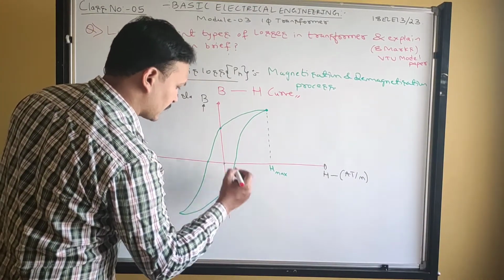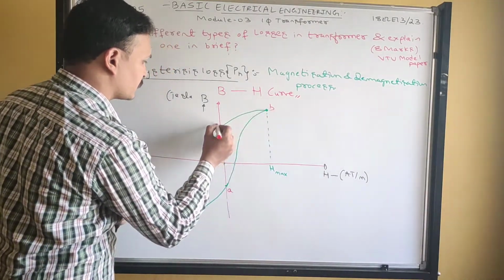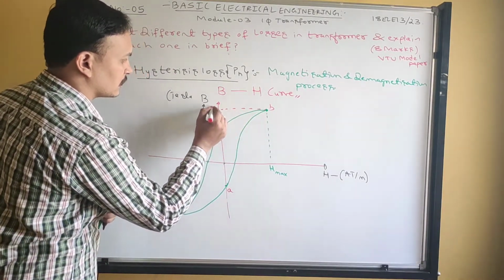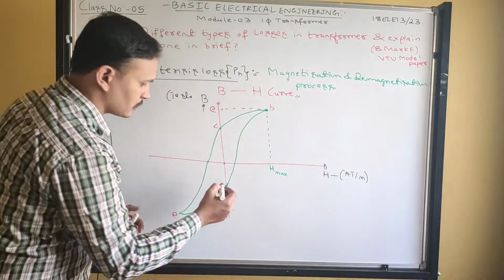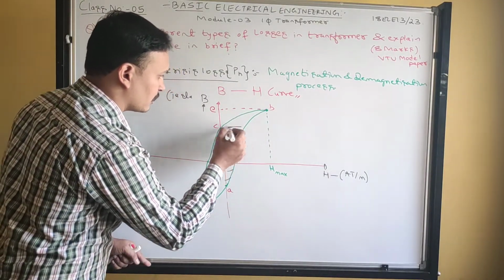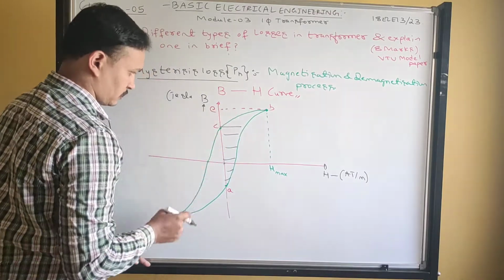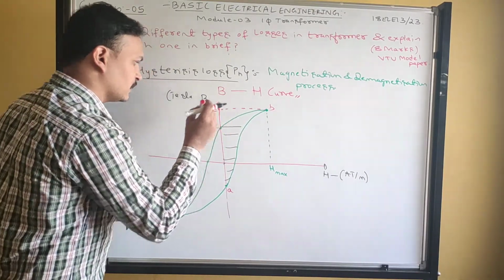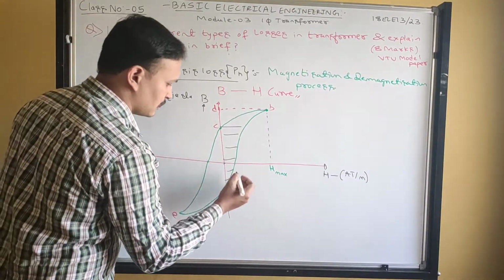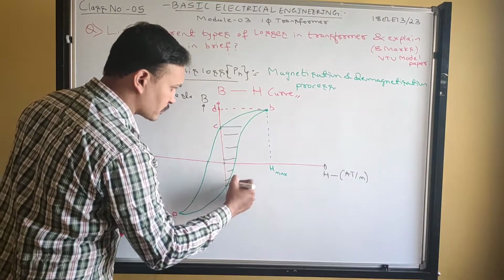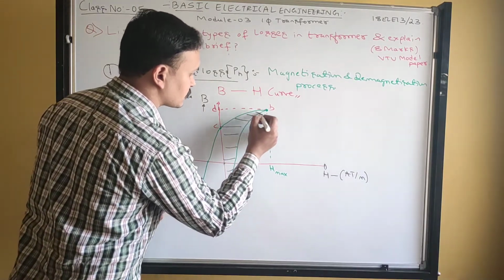So here I can give some namings: A, B, C, and this point is E. See guys, the curve A, B. Take this one as D. A, B, D, C. This entire portion is called energy stored.